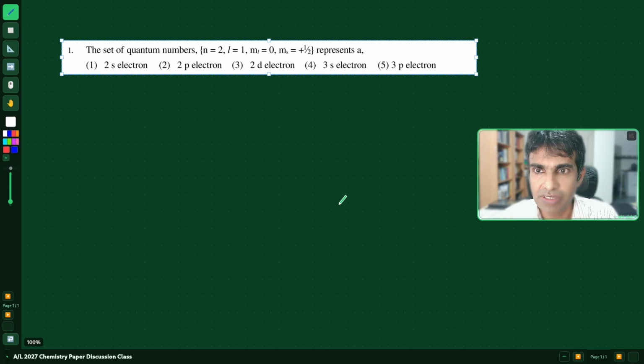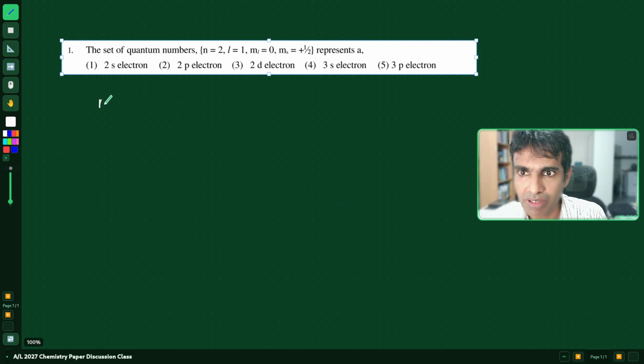First question, a set of quantum numbers is given. So we need to identify which type of electron is represented by that set of quantum numbers. When we check the principal quantum number, it's 2.